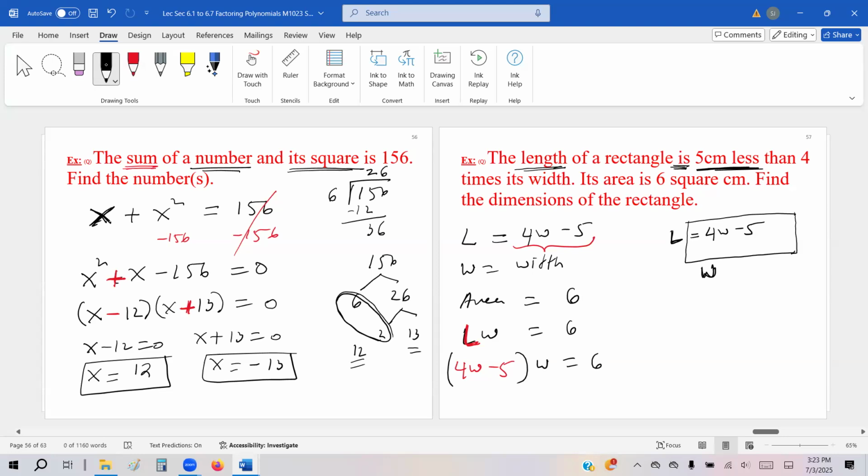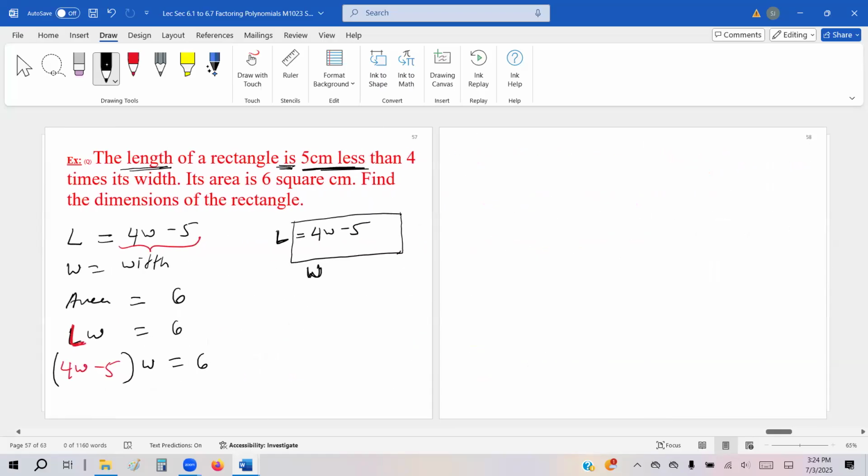Now from there, we are going to work with quadratic. We definitely cannot say W equals 6. Remember 2 times 3 is 6. It doesn't mean 2 is 6 or 3 is 6. Same scenario here. The product is 6 doesn't mean each of them is 6. Instead, we have to distribute the W so that we get a square.